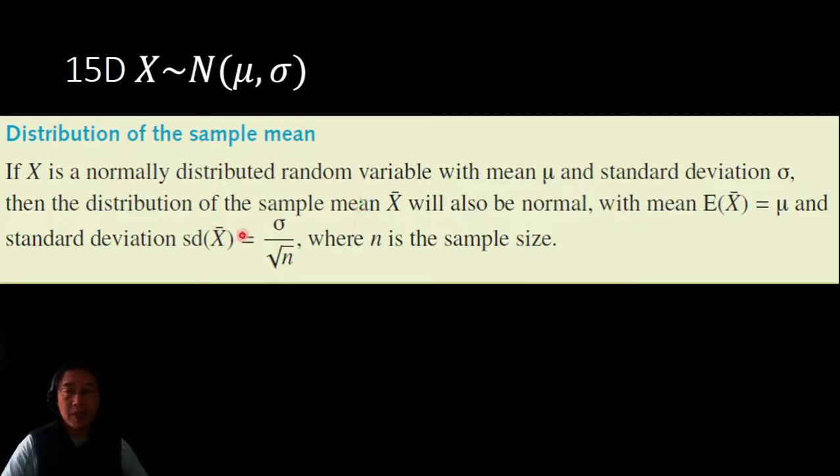The sample mean is also a normal distribution. It has the same mean as the original normal distribution, but now the standard deviation will be smaller. It will be sigma over root n, and n is defined as the sample size.